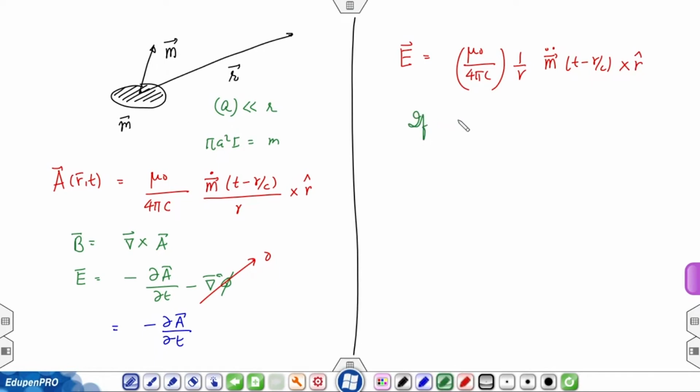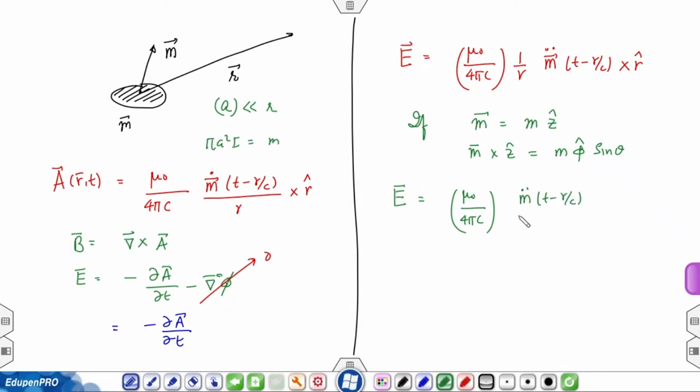If m is taken to be m in the z direction, then m cross z will come out to be m in the φ direction times sin θ, and therefore, in that case the electric field E would come out to be μ₀ over 4πc, m̈(t − r/c) over r, sin θ in the φ direction.